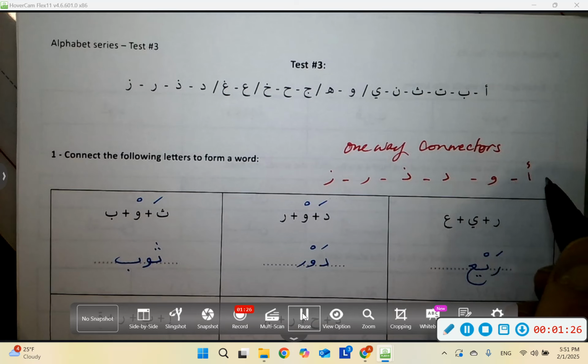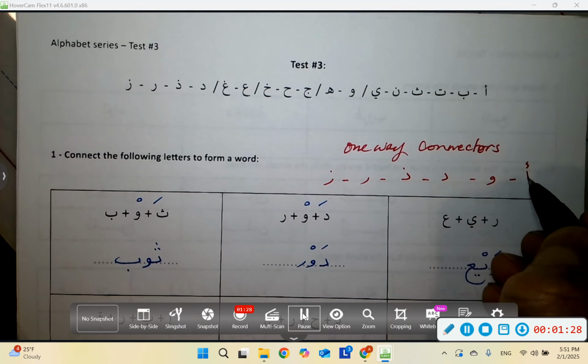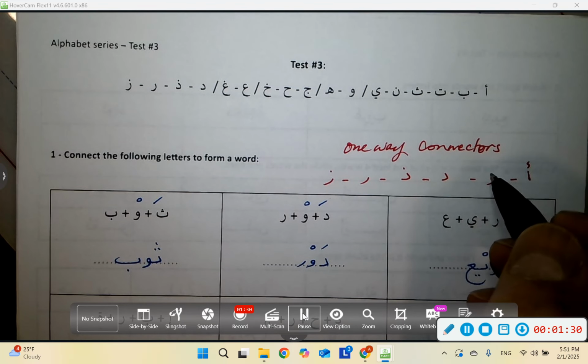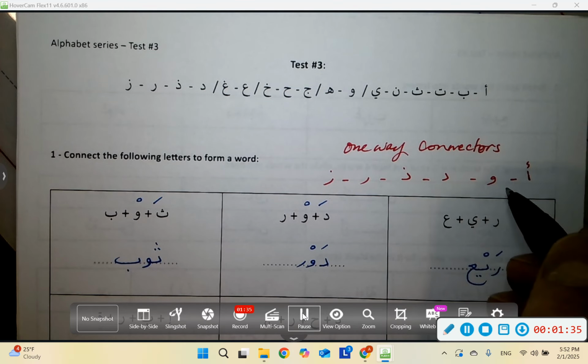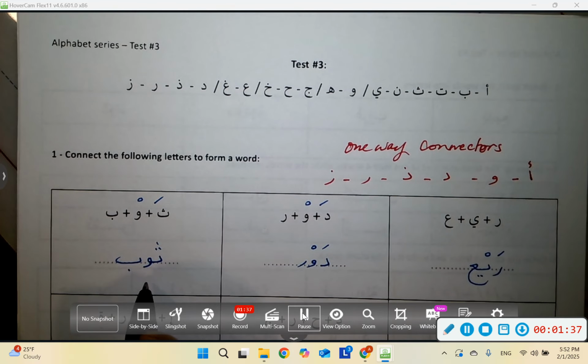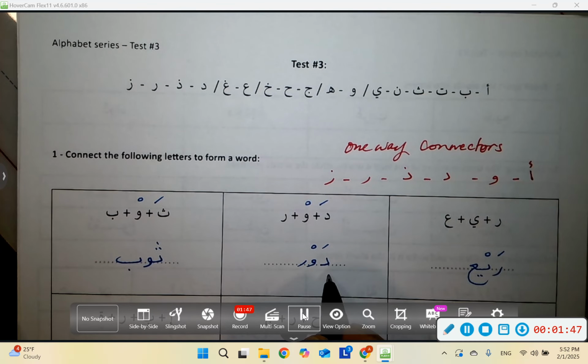So these letters cannot connect to the next letter. However, other letters can connect to them. If you see here in ثوب, ث connected to the واو, but واو couldn't connect to the ba. Now here dal couldn't connect to the واو, and واو couldn't connect to the ra, so 3 letters are written as they are with no connection.